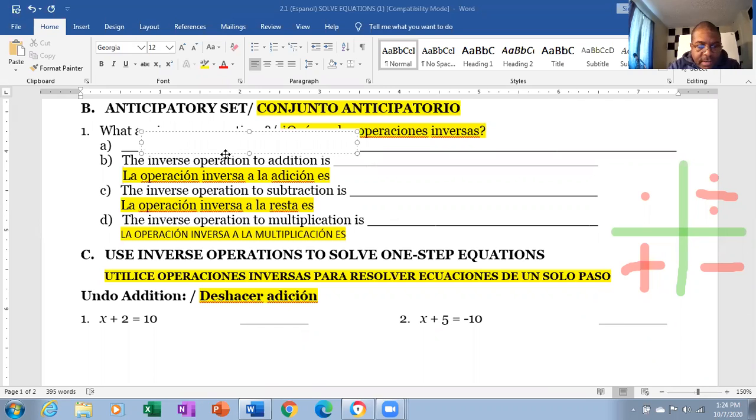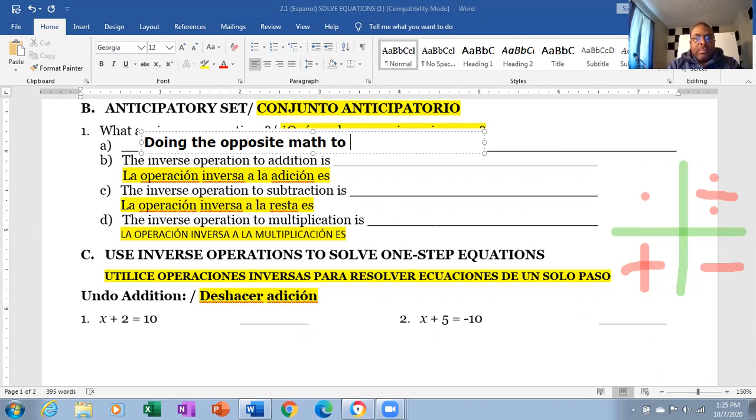Inverse operations. Doing the opposite math. And let me stretch this out. Doing the opposite math to undo an operation.